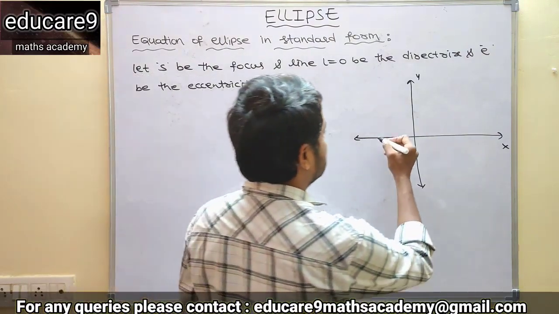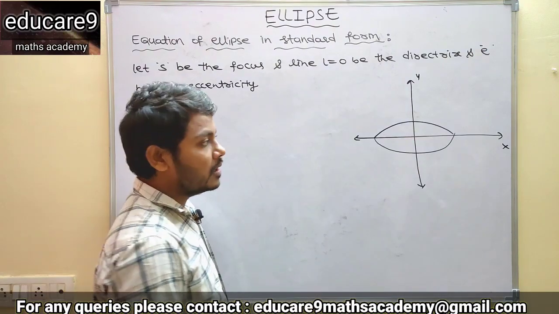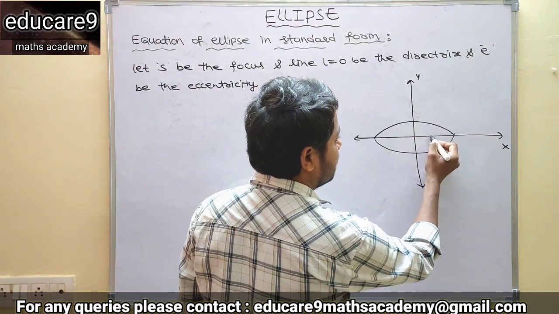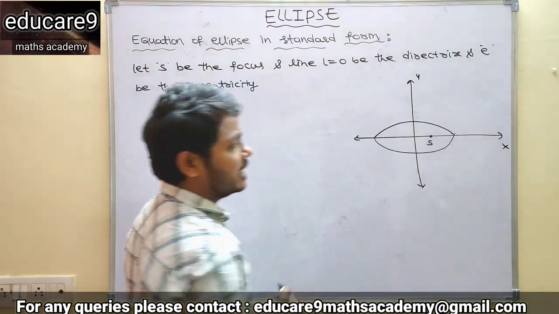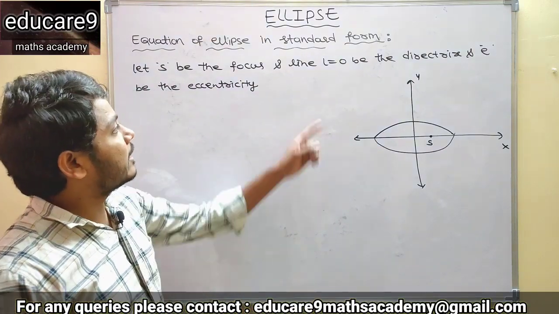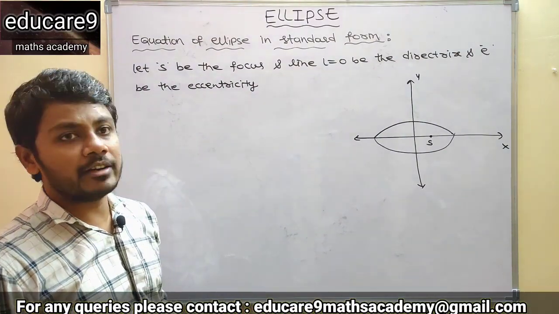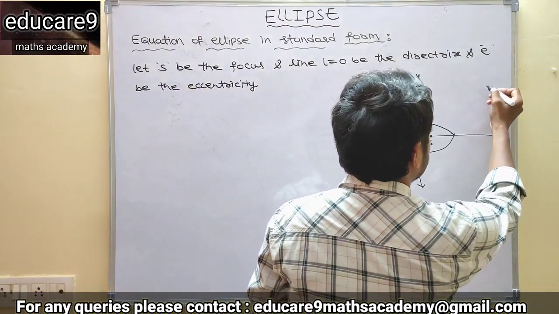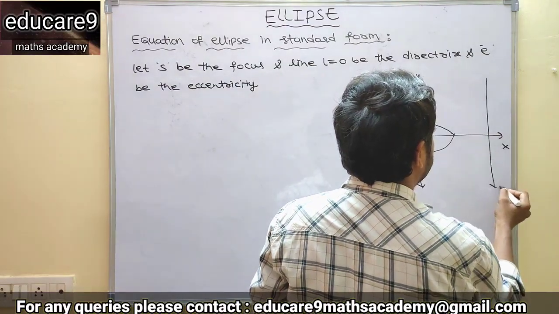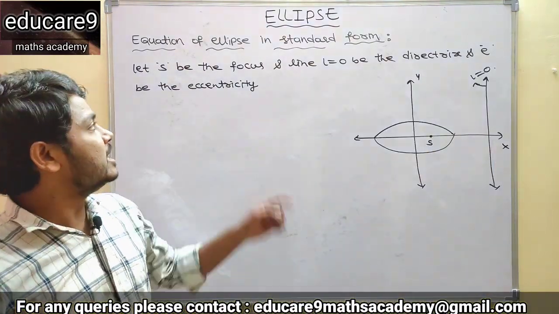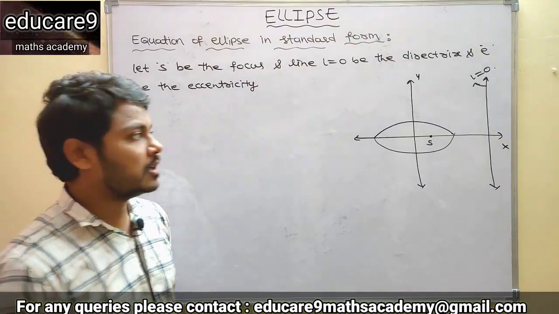Now you know that this is the ellipse and this point is the focus S. Consider L equals 0 as the directrix line, and e is the eccentricity.